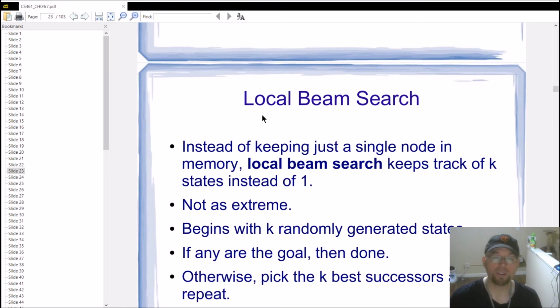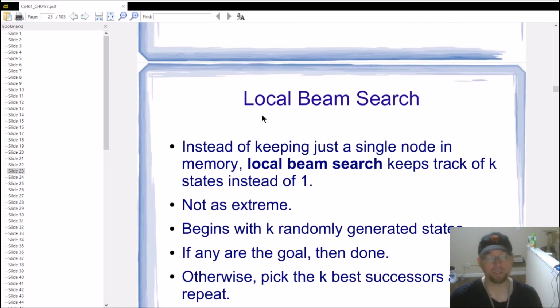You're going to start with a handful of states, and so you're going to have a handful of searches happening concurrently, in parallel. You've got k randomly generated initial states, and then k searches happening all at once in parallel.